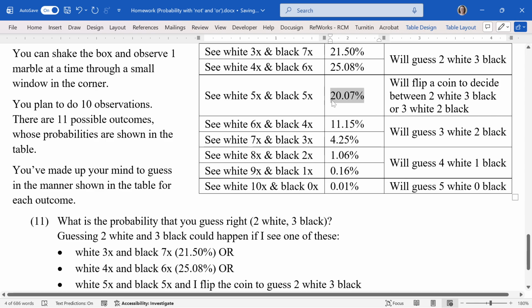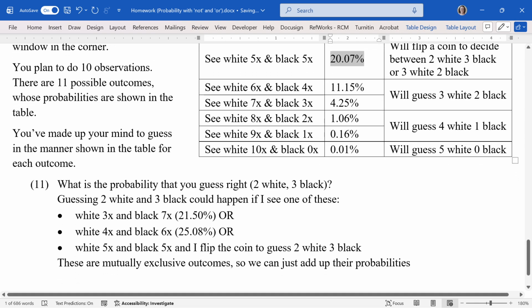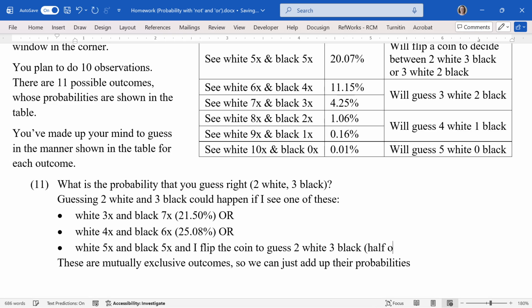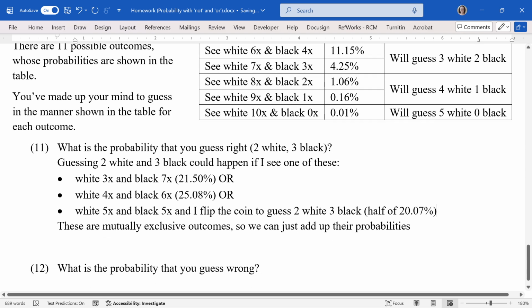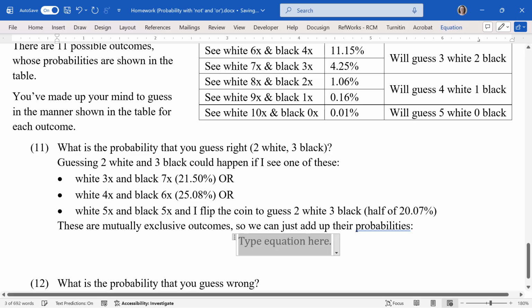So just split this percentage in half, that's what I mean. Okay, so half of this percentage. These are mutually exclusive outcomes, so we can just add up their probabilities. Let's just go ahead and do that.